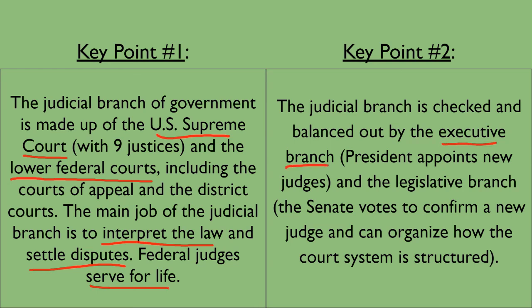The executive branch balances them out because the president appoints, they choose new judges. And then the legislative branch balances out the judicial branch's power because the Senate votes to confirm or reject a new judge. And Congress can also organize how the court system is structured.